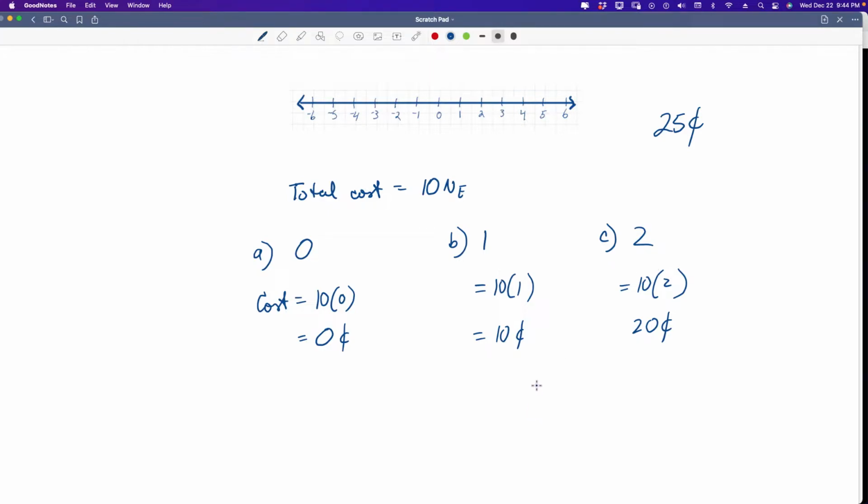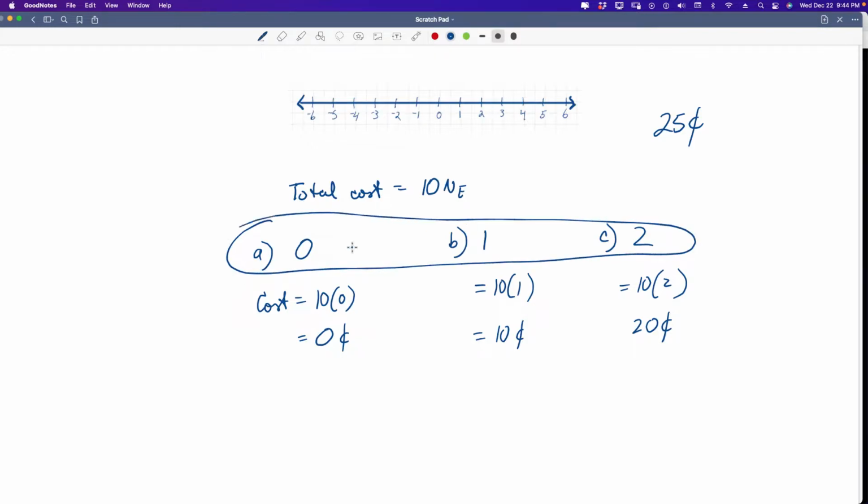The set of permissible replacement values for the variables in a particular equation or inequality is called the domain. So these 3 numbers right here, that equals our domain.